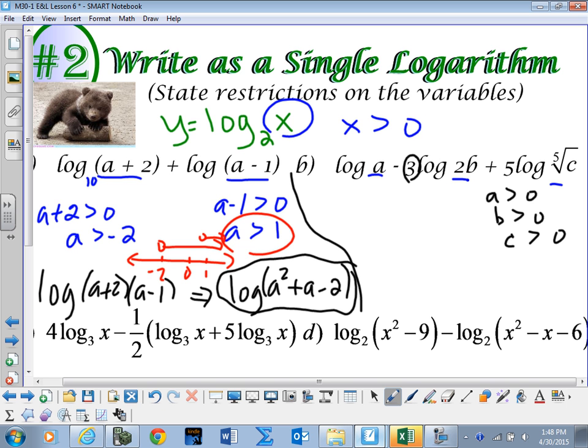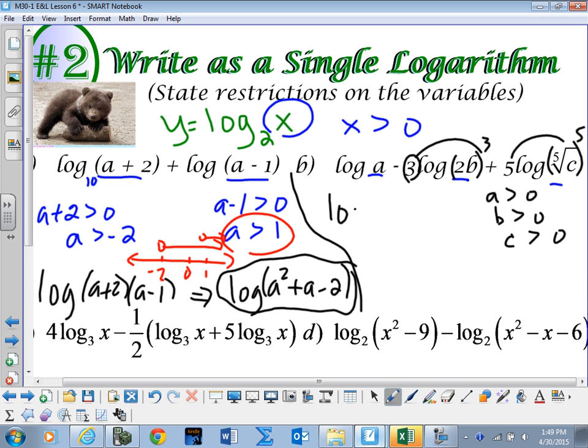I have a coefficient that needs to get moved. So that coefficient, be careful because 2b is raised to the power of 3, not just b. Now this 5, I'm going to move up here, and I hope you realize now that root 5 of c raised to the power of 5, that's just going to equal c.